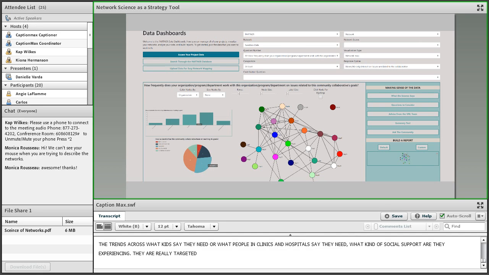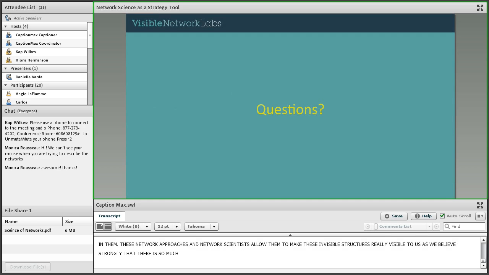What we're ultimately doing is linking all of these things together in our back end, where we look at this. For example, if this is the 4th grade at her school, we can start to look at this and see what are the trends across what kids say they need, or what people in clinics and hospitals say they need, what kinds of social support are they experiencing or not, so we can build interventions at the population level that are really targeted and informed by those very typically invisible factors about our communities and the people in them.